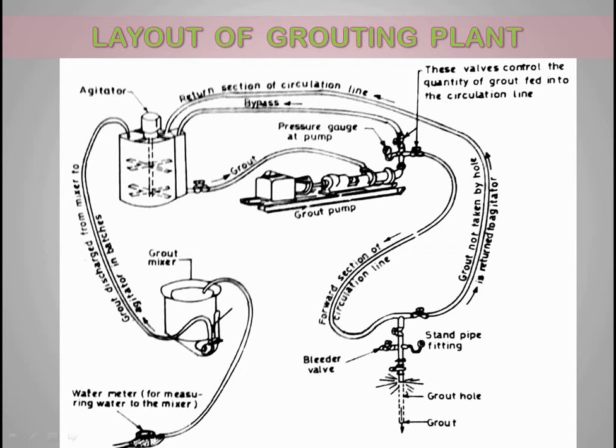As the water and the grout material are agitated properly, you will get a uniform slurry. This agitator is useful to keep the particles in suspension. After thorough mixing, you can allow the paddle to rotate slowly so that the contents will not settle down and will be kept in suspension.